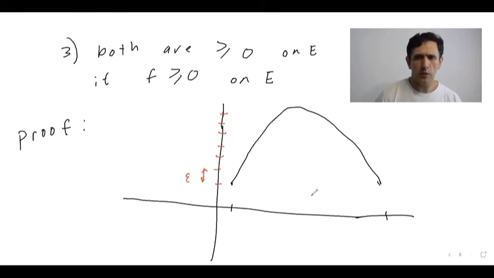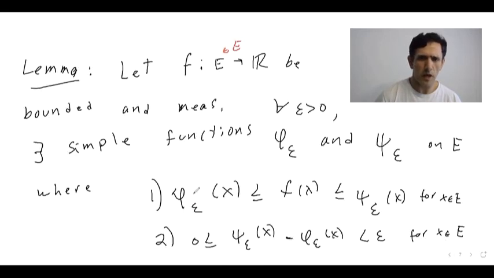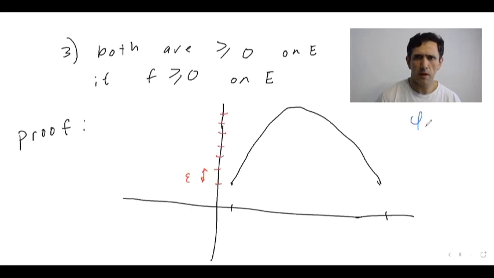And we can do one of two things. I'll do phi epsilon. If x is between these two partition points, we just say phi epsilon is the lower one.